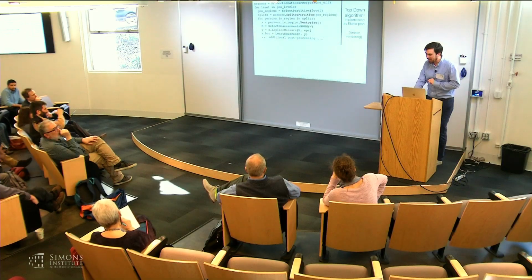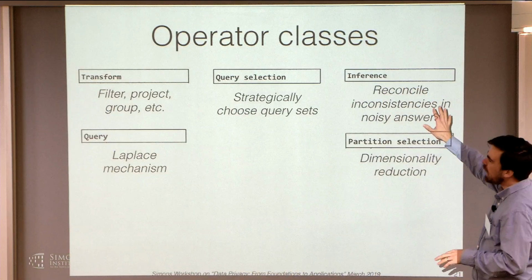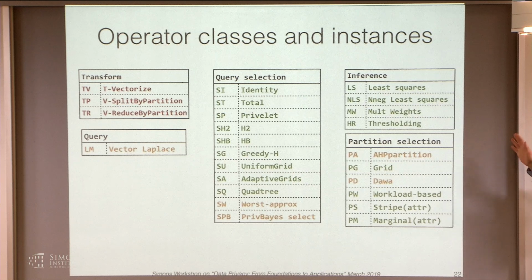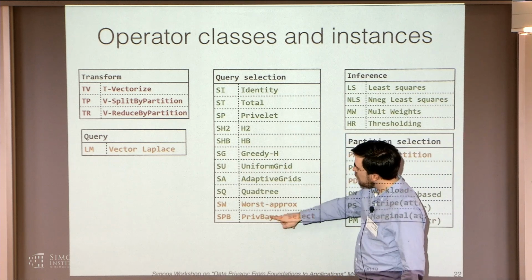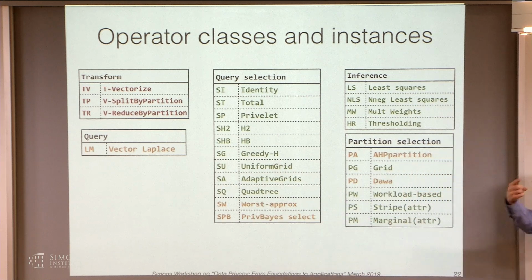Okay. So concretely in Ektelo, we have organized the operators into these different classes. I think I've already illustrated what these classes do. Concretely, here are some of the operators we've added since I created this slide. I'll observe that some of the query selection operators are orange because they do consume privacy budget.